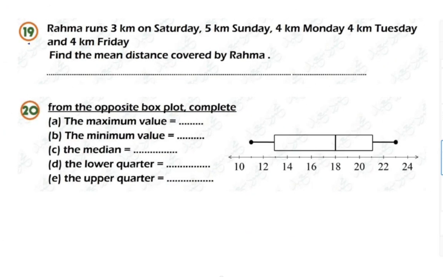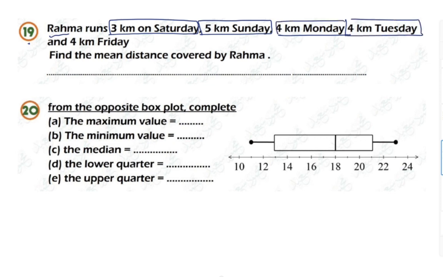Point 19. Rahma runs 3 kilometers on Saturday, 5 kilometers on Sunday, 4 kilometers on Monday, and 4 kilometers on Tuesday. We have 4 values. And 5 kilometers on Friday. So we have 5 values: 1, 2, 3, 4, 5.